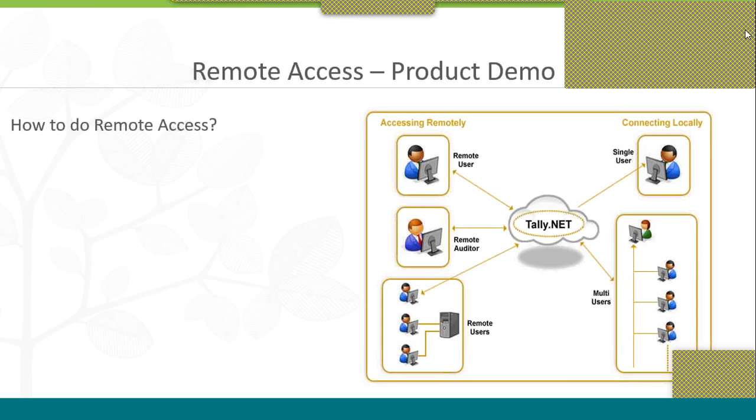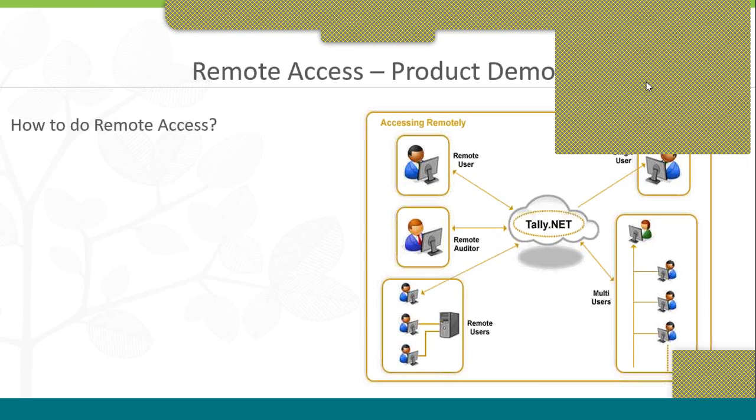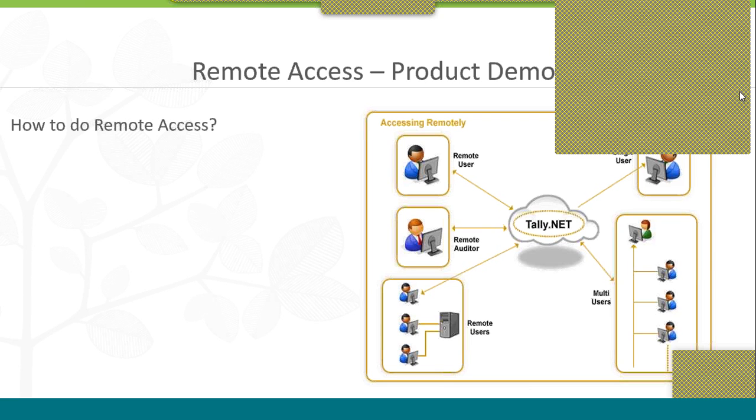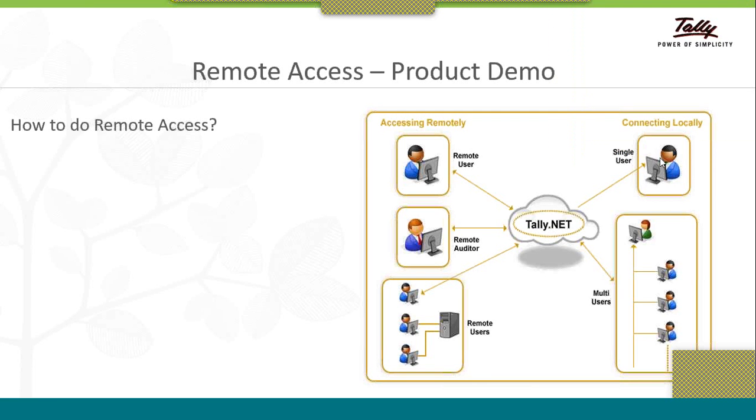Okay, so we will now go through the product. We will see how we configure remote access and how we deploy remote access in Tally. What are the steps to be followed?